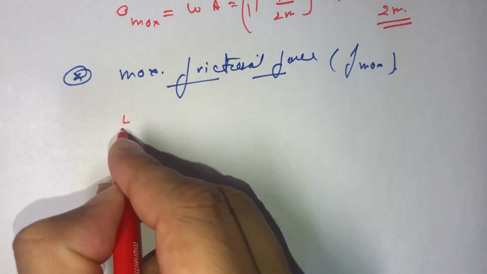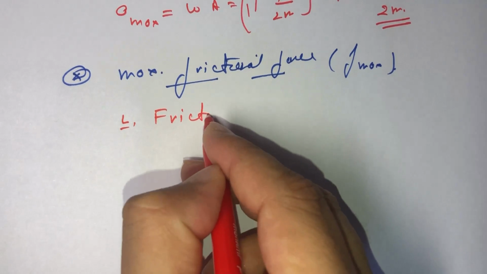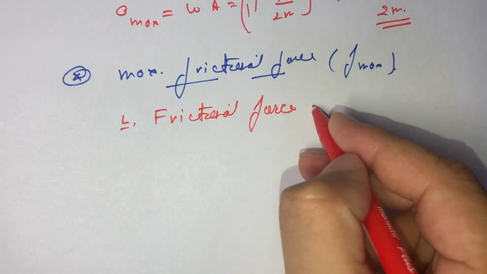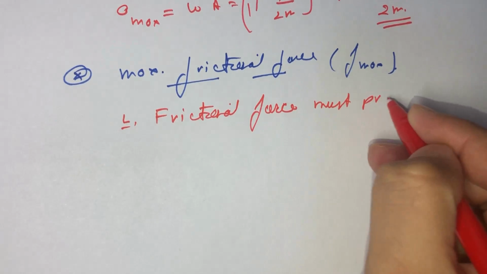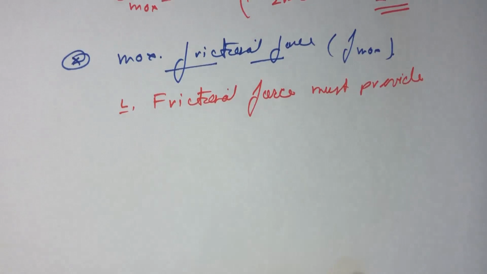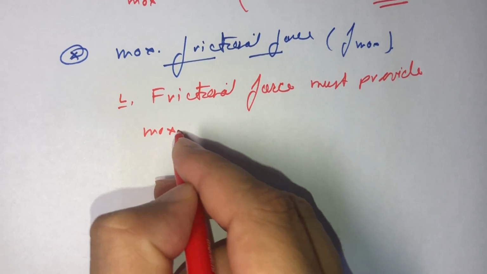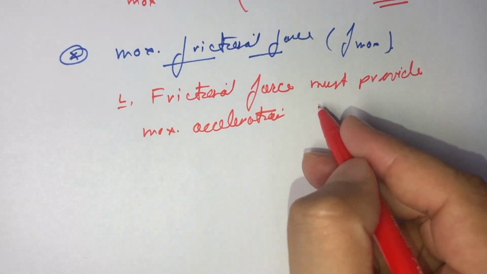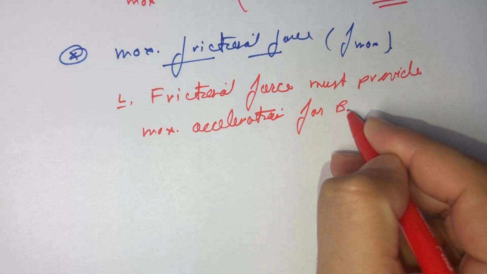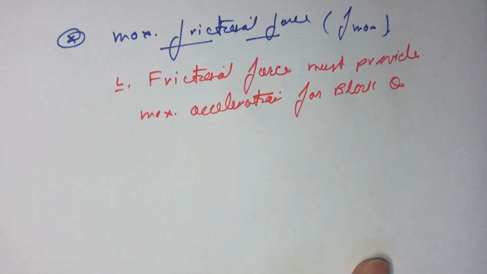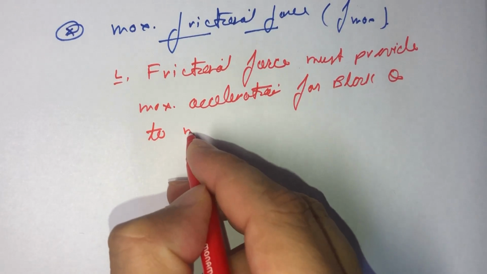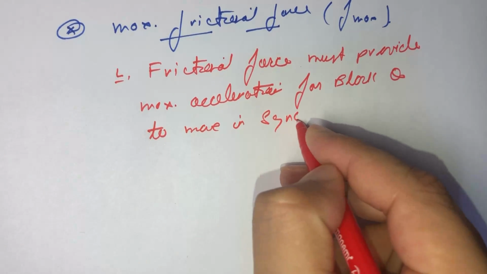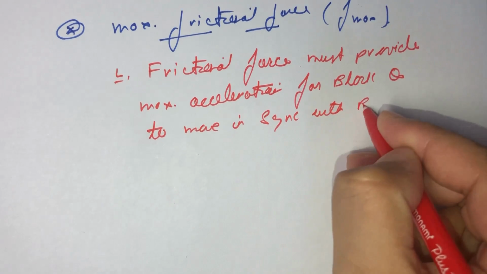So we can say that the frictional force must provide maximum acceleration for block Q to move in sync with block P.